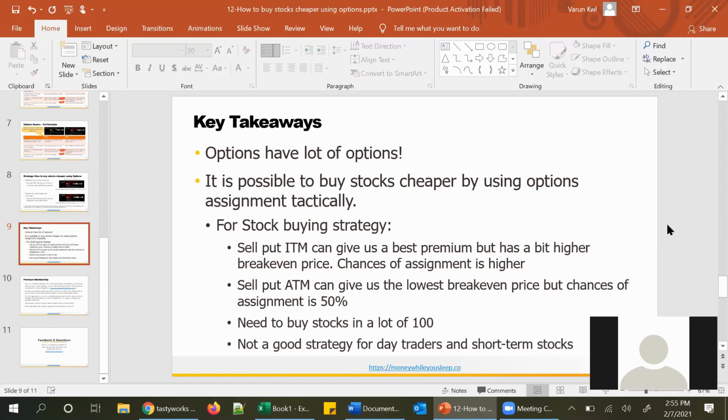Is there a possibility for that? So what kind of trade are you thinking of? Give me an example. So a sell put for you is an opportunity to buy it lower than the market price when the stock is going up, right? Now you said this is not good for day traders or short-term stocks, because obviously you will not get physical possession of the stock till the day of execution, right? Correct.